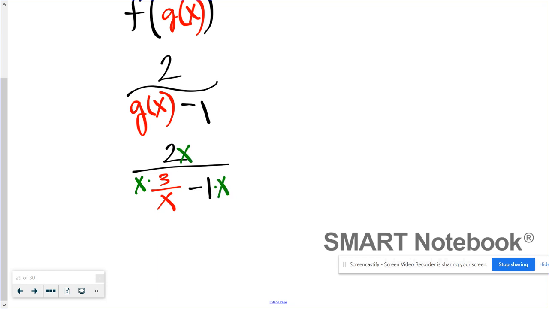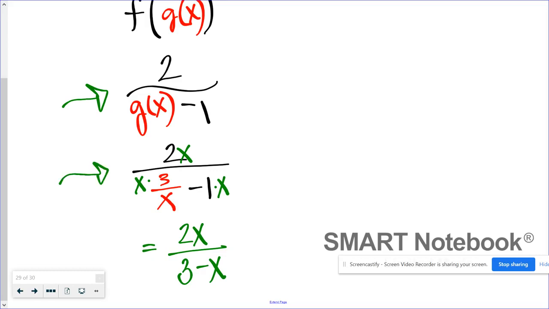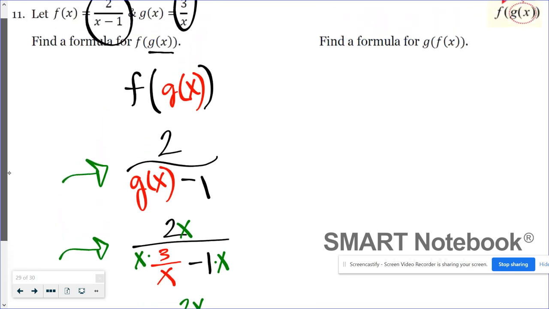So that means on top, I have 2x. On the bottom, x times 3 over x is just 3, and then minus 1 times x, okay? And that's my answer. So we're making the substitution. The inside function goes into the outside function. Substitute the rule in, simplify the results, okay?